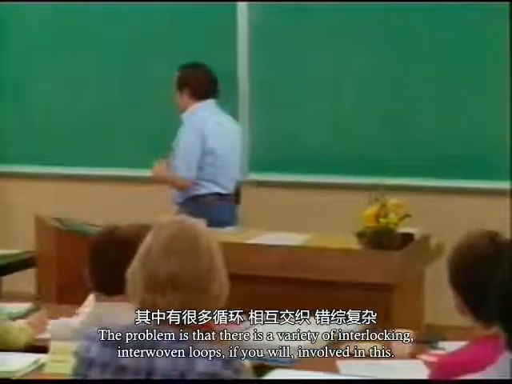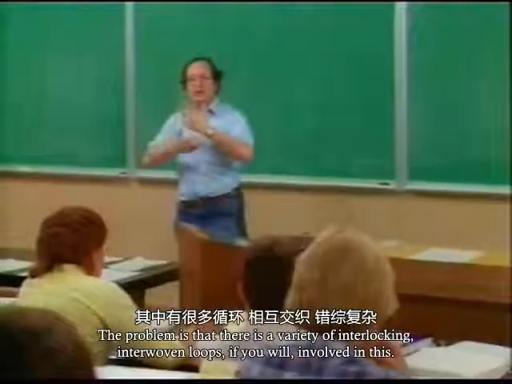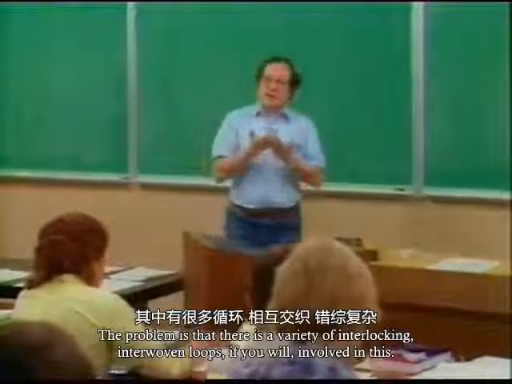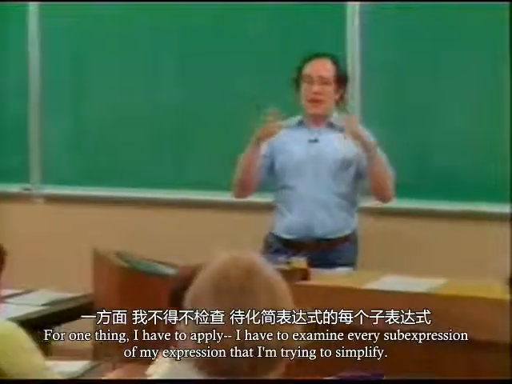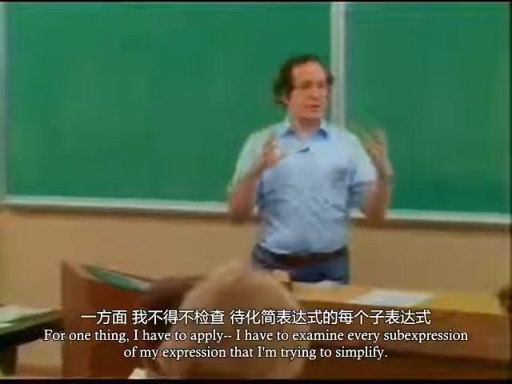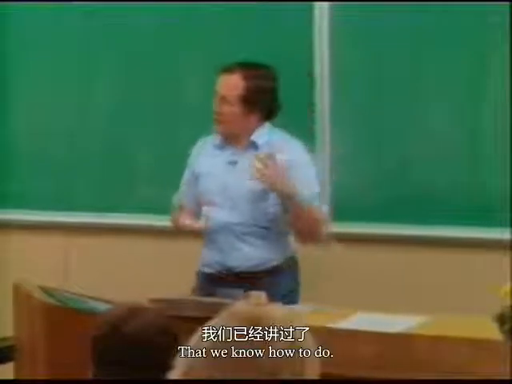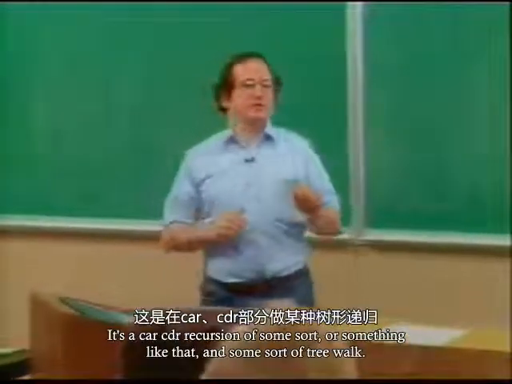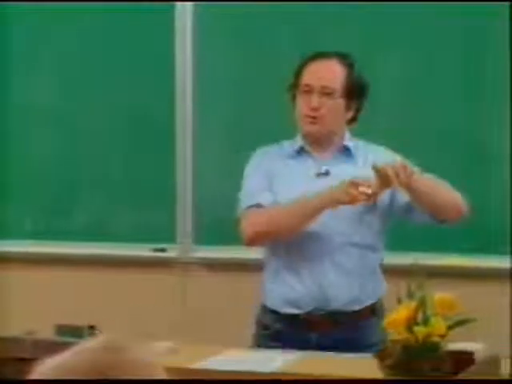The problem is that there's a variety of interlocking, interwoven loops, if you will, involved in this. For one thing, I have to examine every sub-expression of my expression that I'm trying to simplify. That we know how to do. It's a car-cdr recursion of some sort, or something like that, and some sort of tree walk.